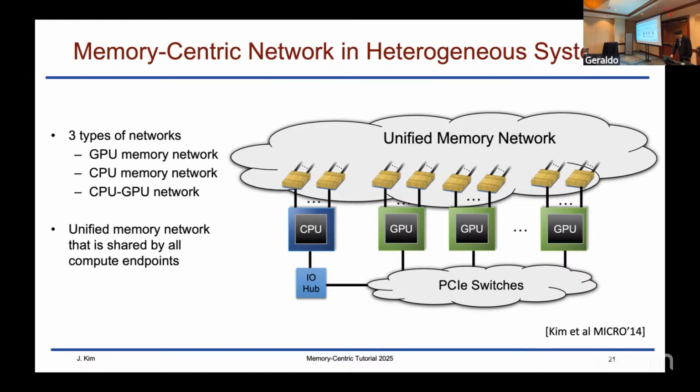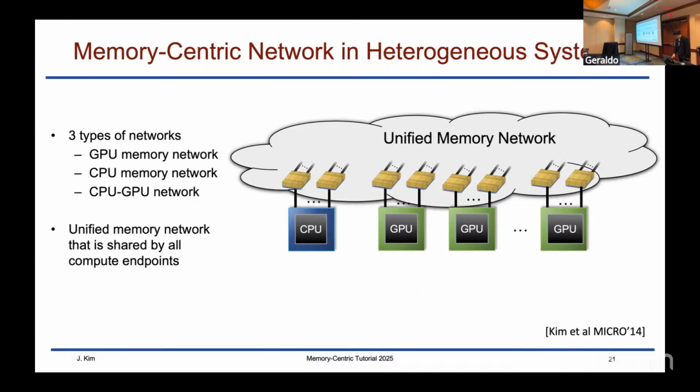If you do that, then you probably don't need the CPU-GPU PCI network, and you could communicate through the unified memory network. More importantly, you probably don't even need to copy data across, because you can access whatever memory region through that unified memory network. Again, this was work that we did over 10 years ago.